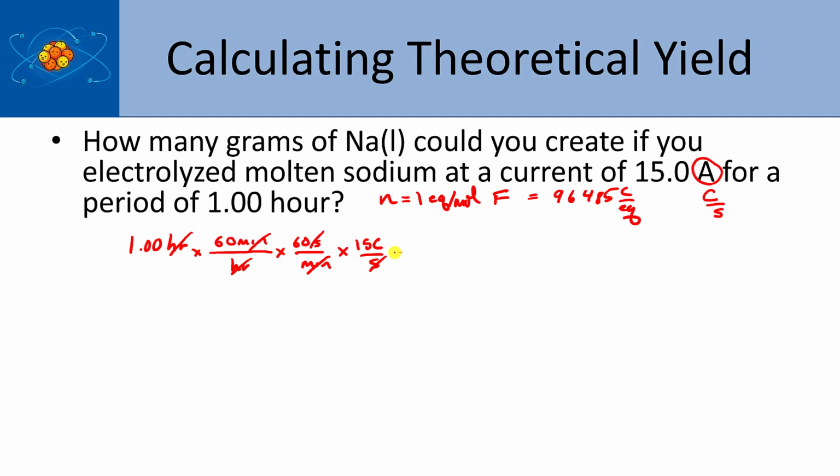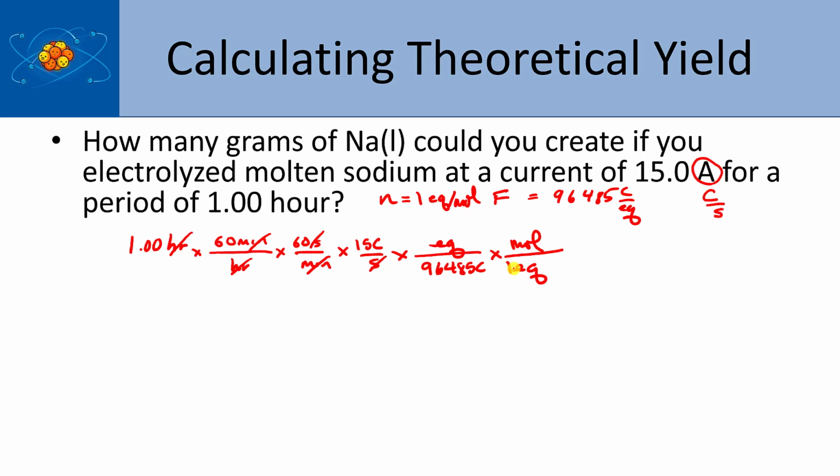So now I just need to set it up so my units cancel. So I need the coulombs on the bottom, 96,485 coulombs per equivalent at the top. And then I need equivalents at the bottom here and moles at the top, and it's 1 equivalent per mole.